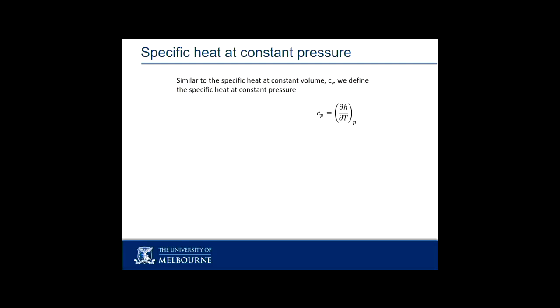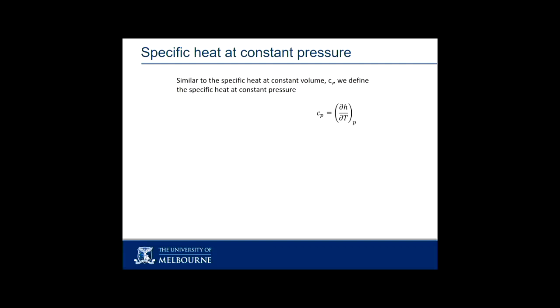So the one that we came up with on Wednesday was CV, the relationship of CV to internal energy and temperature. That's nice because temperature I can measure, internal energy I can't measure. So if I measure temperature 1 and temperature 2, I can tell you how much the internal energy changed for an ideal gas.